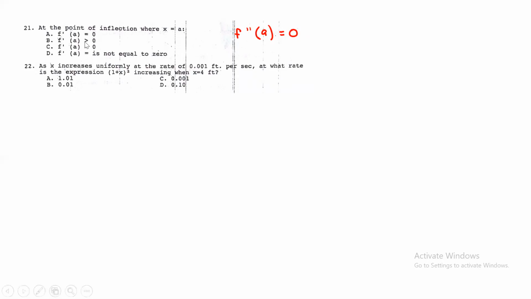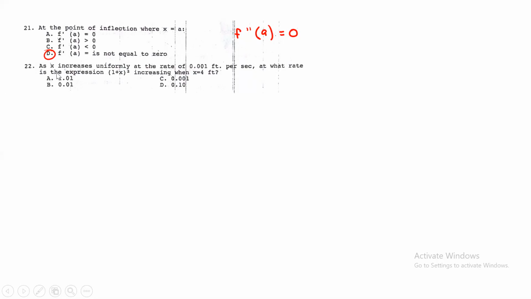Mali rin kasi pwede rin siya mag-less than 0. Ito rin mali. So, D, ito yung sagot. F sub of F prime a is not equal to 0. May value yan, guys, kapag point of inflection. Ang 0 value lang dyan, yung double derivative ng a.